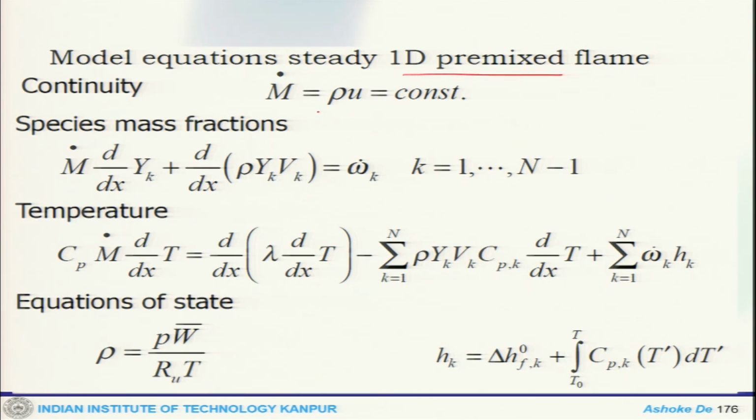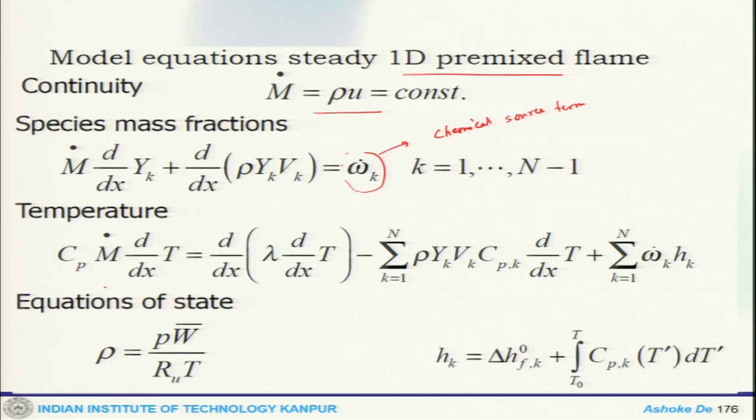So we have our continuity equation, then we write the species mass fraction equation, where this is the chemical source term, as we have seen so many times, and then we write the temperature equation. This is specifically for this freely propagating flame, with the assumption that it remains one dimensional in variation.